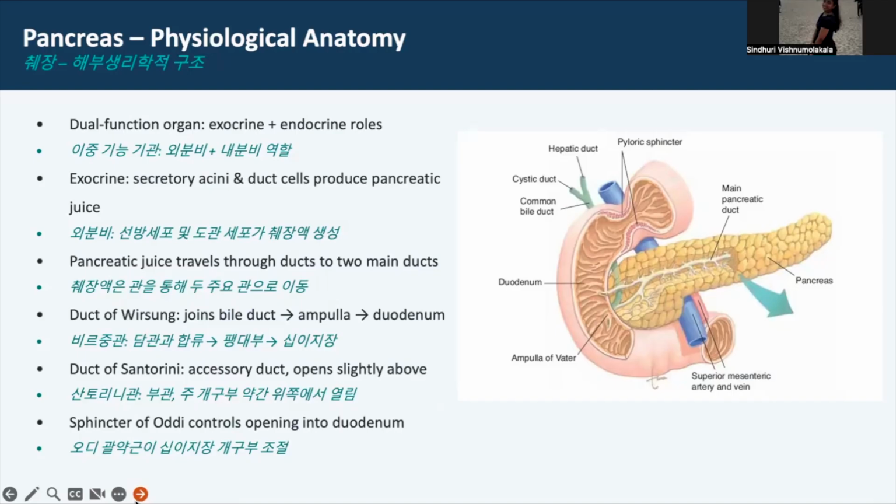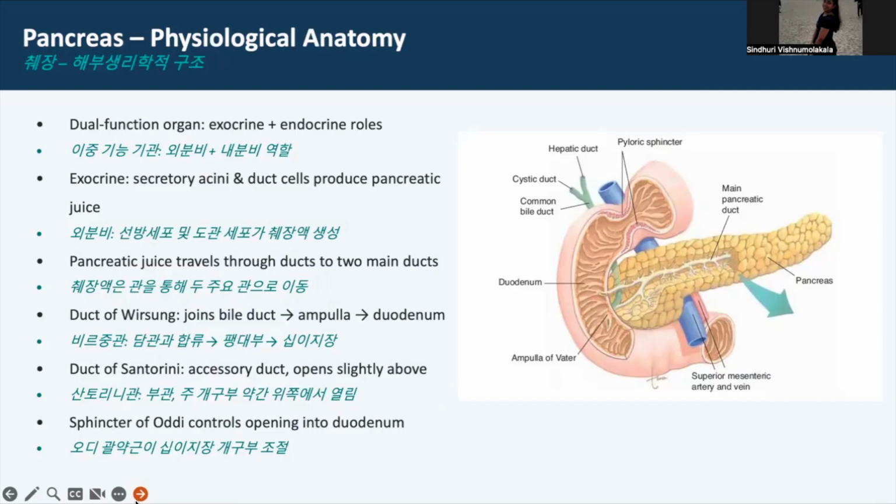And the secretory acini are released into the intercalated duct and reach the duct of Wirsung, where it joins the ampulla of Vater and opens into the second part of the duodenum. It is the main pancreatic duct and it is guarded by the sphincter of Oddi.